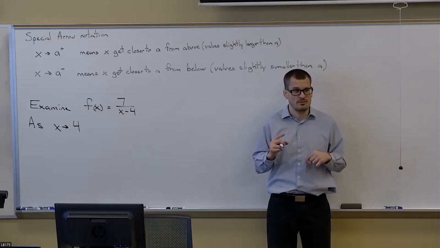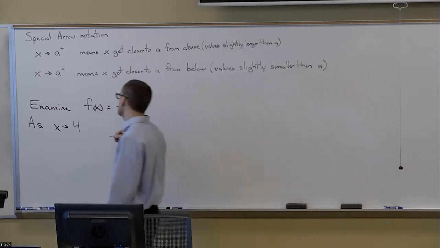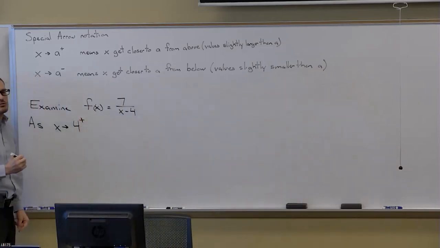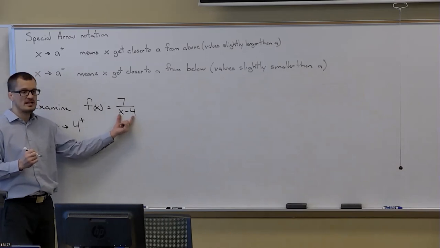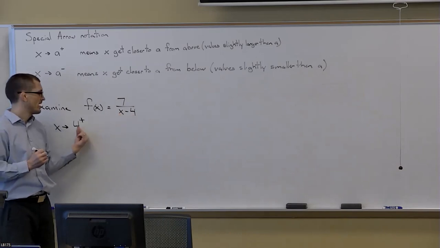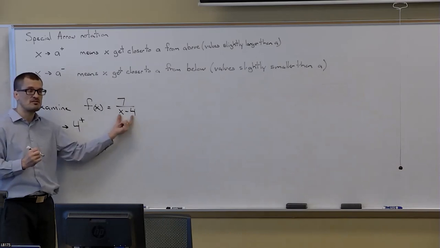You okay with that? So what we do is we say, well, what happens as x goes to 4 with slightly larger values? If my values are slightly above 4, this denominator is always going to be positive.